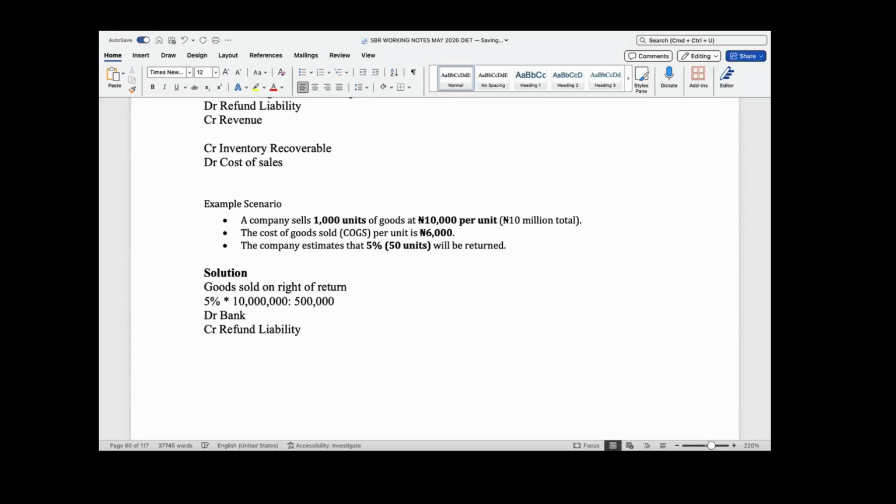And also, you debit inventory recoverable account, but the inventory now cannot be 5% of a million, because the inventory is based on the cost of the goods, which is 1,000 units times the cost of the goods, 6,000 in this case.